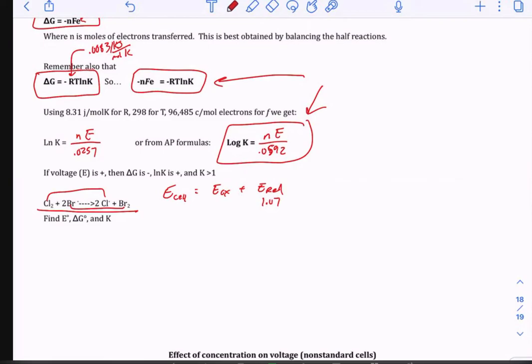The oxidation, I'm sorry, I got that backwards. Hold on, my mistake. The bromine is being oxidized, so that's negative 1.07. Okay, the reduction, the chlorine, is 1.36. Okay, so .29.